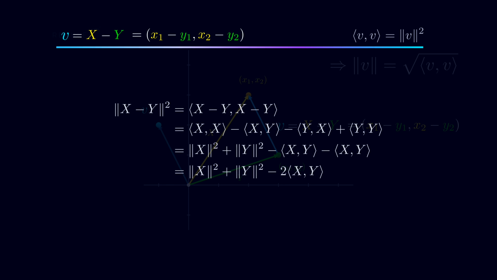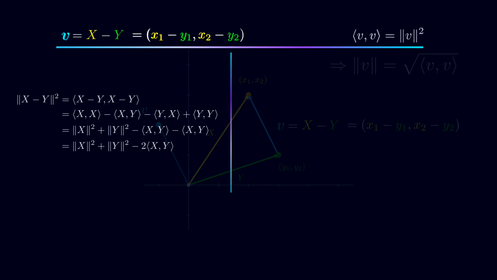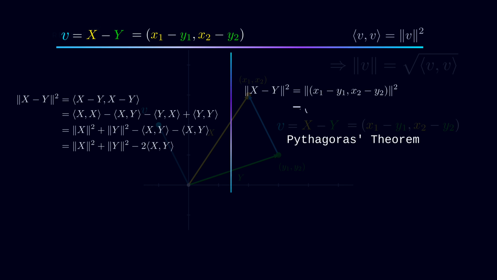And using the coordinate representation of x minus y, we get the square of the norm of x minus y is equal to the square of the norm of (x1 minus y1, x2 minus y2). Now using the Pythagoras theorem, which was discussed in our previous lecture, we can express it as (x1 minus y1) square plus (x2 minus y2) square.